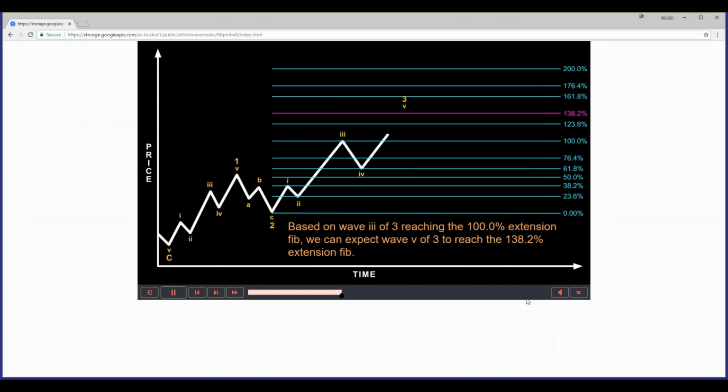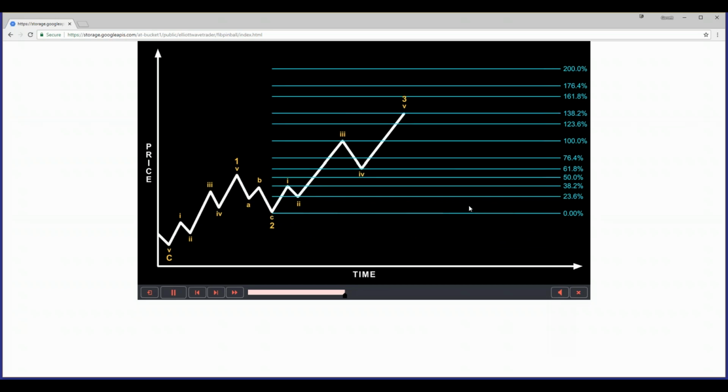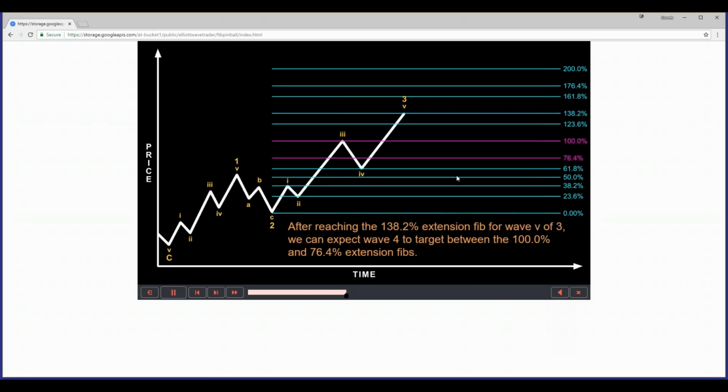And then assuming that 618 does hold, your next target is going to be the 1382 extension for the wave 5 of 3. And that should complete the larger degree, 1 higher degree, 3rd wave, the same degree as this one too. So we filled out 5 waves basically for that 3rd. Again, fractal nature, they should subdivide into 5 waves, each impulsive wave themselves. So assuming our 3rd wave topped at the 1382 extension, what we're going to expect next is a corrective 3-wave pullback.